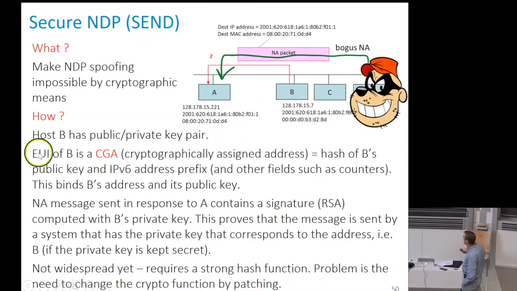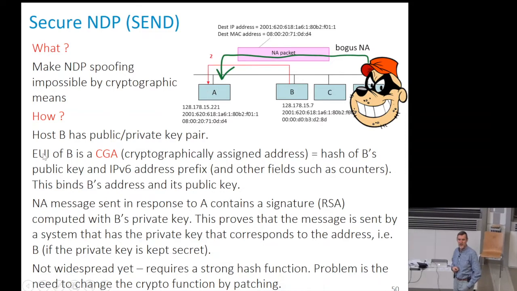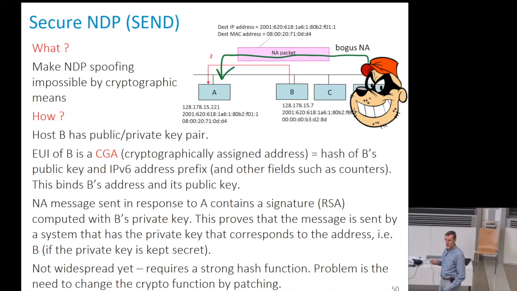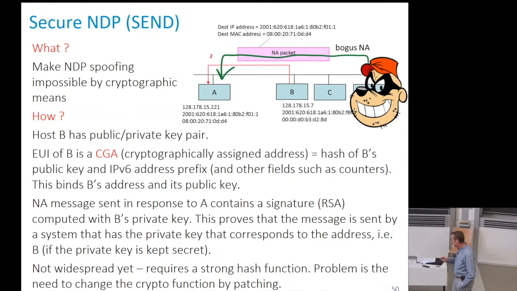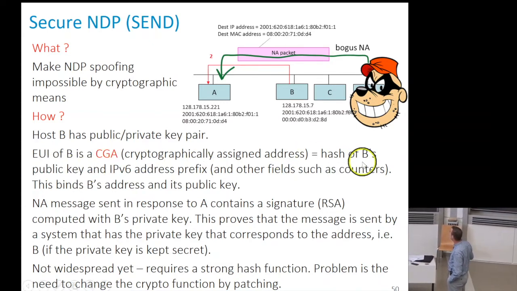The other ingredient is that the EUI is the host part of the address when we use IPv6, and this is typically 64 bits, half of the address, which corresponds to the host part. With this mechanism, we can derive it from the public key. So we hash the public key and some other things, and we obtain the host address.